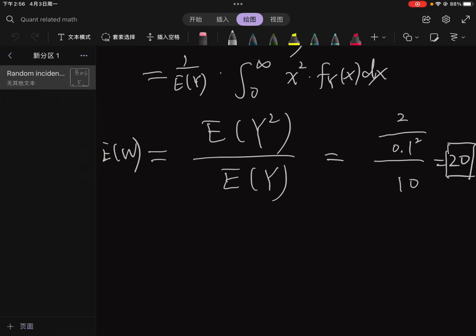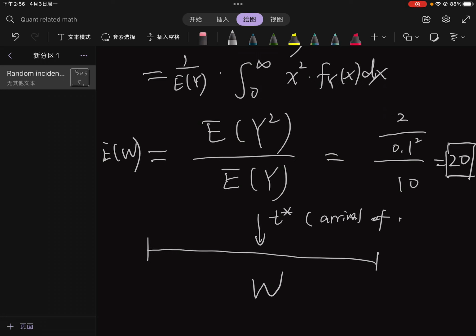And now let's have this picture. Suppose this is our W. This is the interval we arrive in. This is the time we arrive. T star is the arrival time of the passenger.